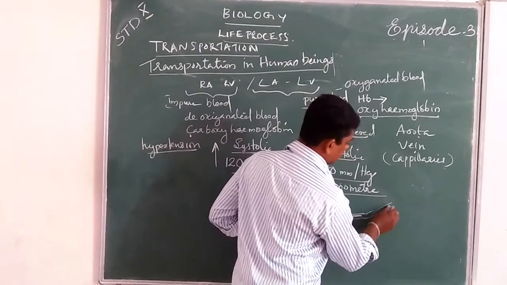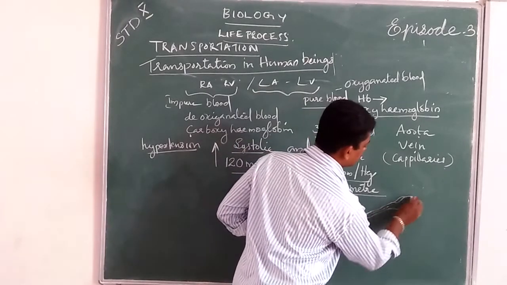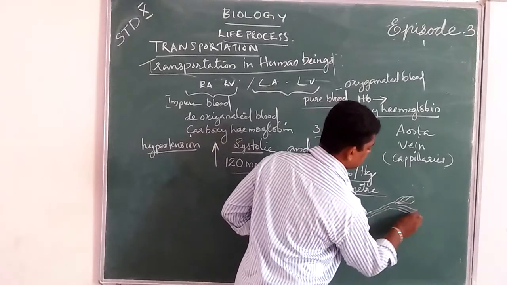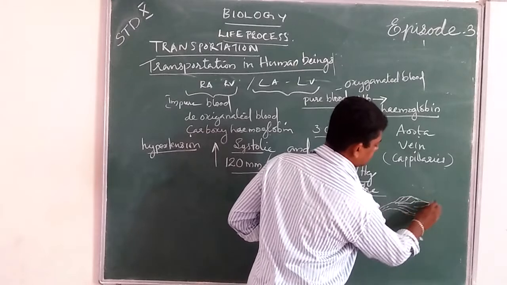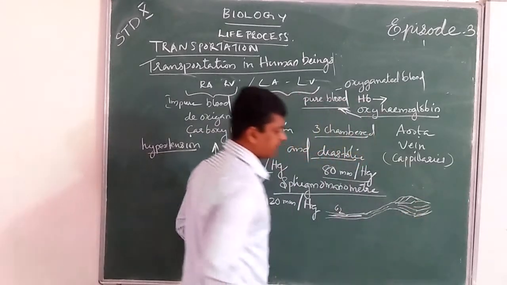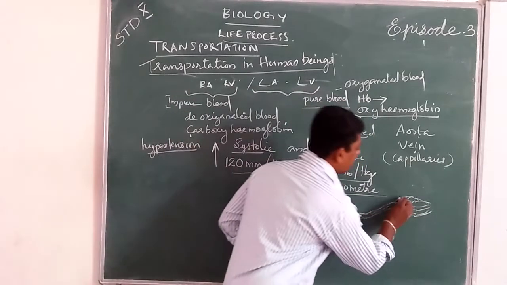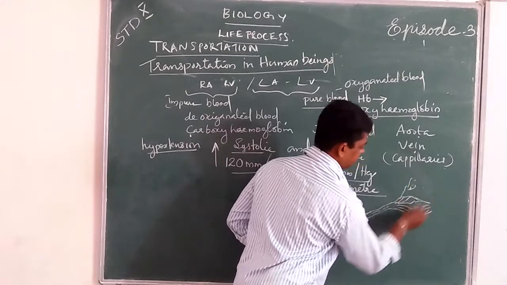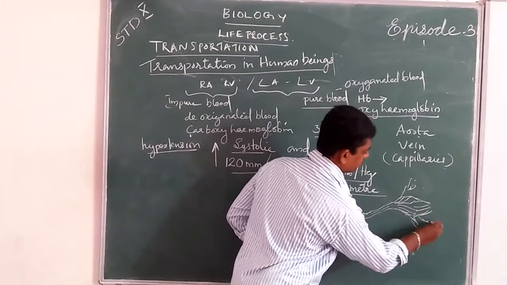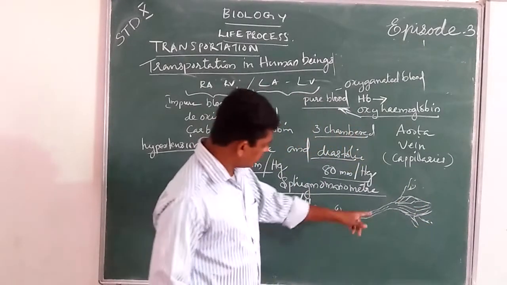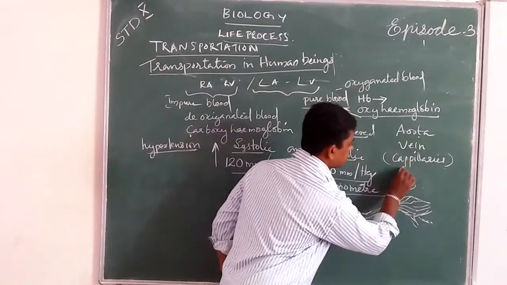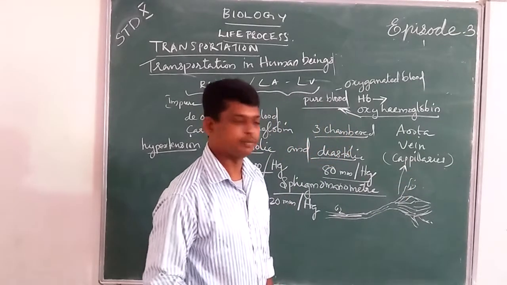Then they divide into small vessels and rebranch. These small vessels are known as capillaries.